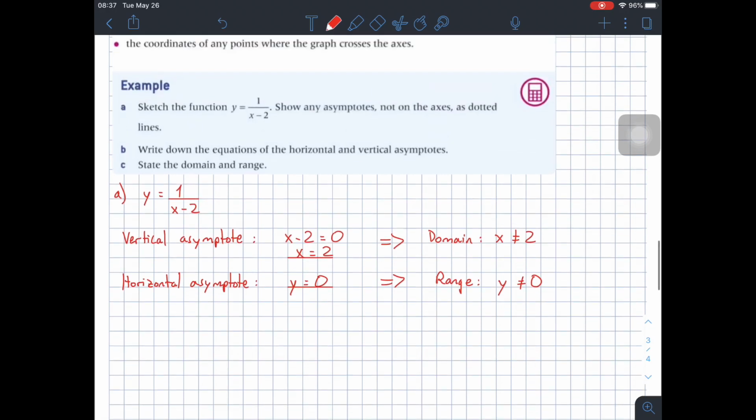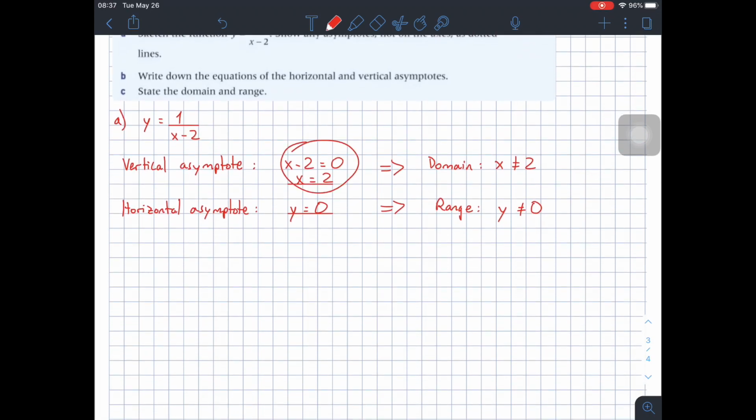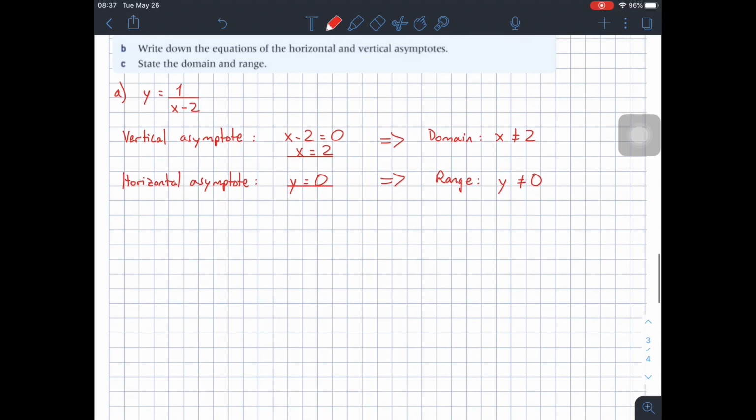Okay, and what else do we have to find? If there is an intersection on the axis. If we have a vertical translation but not a horizontal translation in this case, then this graph should cross the y-axis. Yes, it should cross the y-axis. If it crosses the y-axis, we're going to set x equals 0, right?